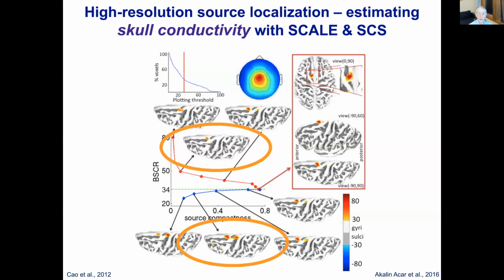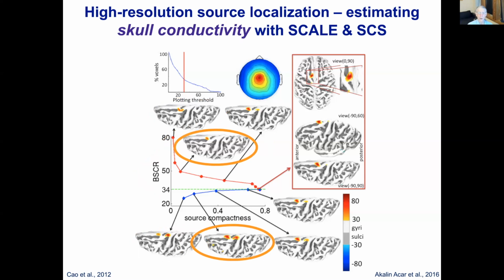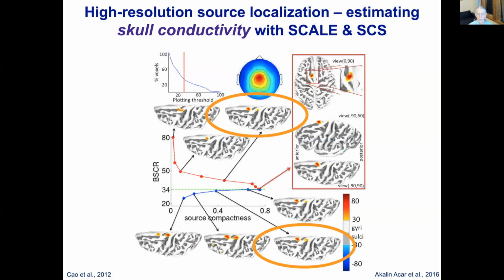SCALE is an iterative algorithm which at each stage estimates the source localizations using SCS, measures their compactness, and then finds the gradient direction and degree to which change in the conductivity estimate for the skull will make the sources more compact. And following the gradient down, both runs here converge to the same result.